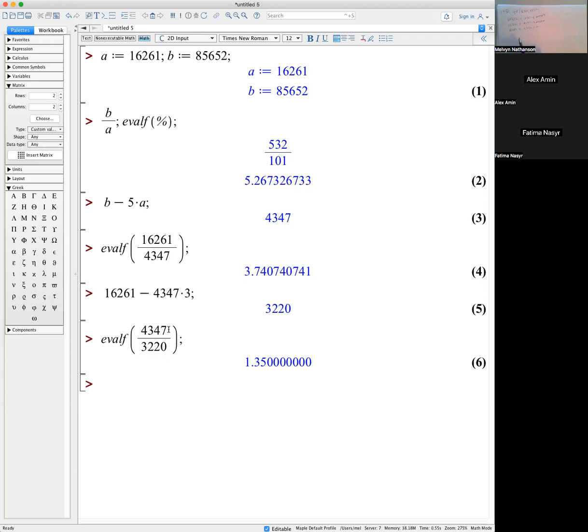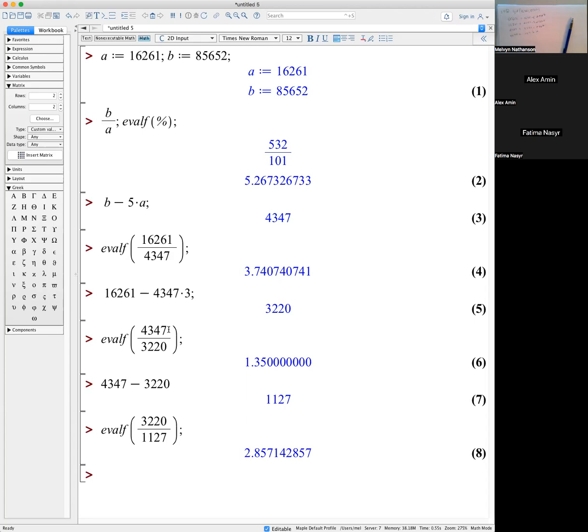And I actually just do that in my head, but let's do it the continuous way. So 4347 minus 3220 is 1127. And then 3220 divided by 1127 is 2 something. So 3220 is 1127 times 2.